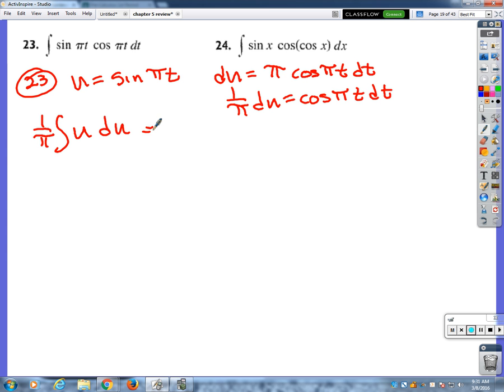So the antiderivative of u is 1/2 u squared. So I already had a 1 over pi in front, so that's going to be 1 over 2 pi u squared plus c. And then if I substitute back in what u equaled, my final answer is 1 over 2 pi times the sine squared of pi t plus c.